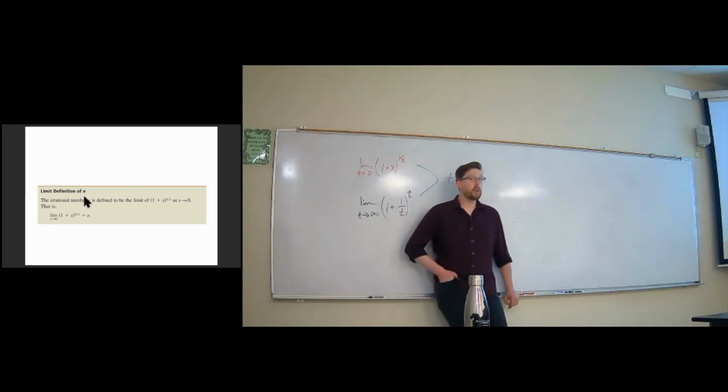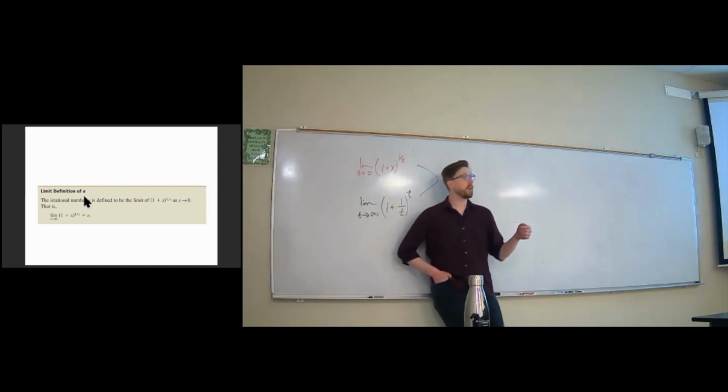A rational number is a number that either repeats, like 1 over 3, right? When we write it as a decimal, it's 0.3 repeating. Or it terminates. So there's only so many digits in it. An irrational number neither repeats nor terminates. So for example, pi. There's no repetition in the decimals of pi, and it doesn't terminate either.